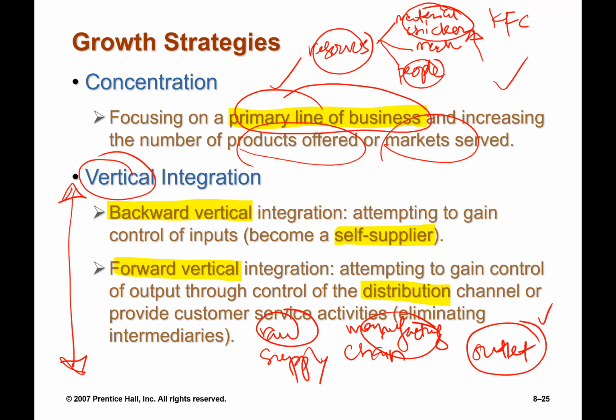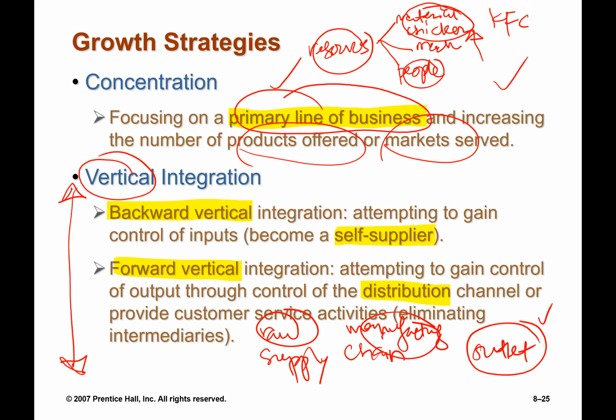Similarly, McDonald's also has, back in the United States, a farm that grows potatoes, because in McDonald's they sell a lot of potato chips or whatever. Okay, so in order to control the pricing of the potato, it's better that you have your own raw material.